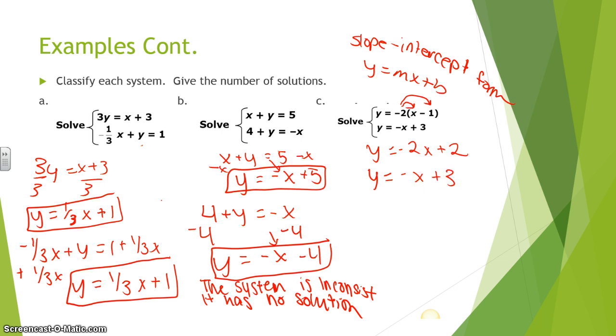And since these lines have nothing really in common, the slopes are not the same, the y-intercepts are not the same, we're going to say the lines have different slopes.